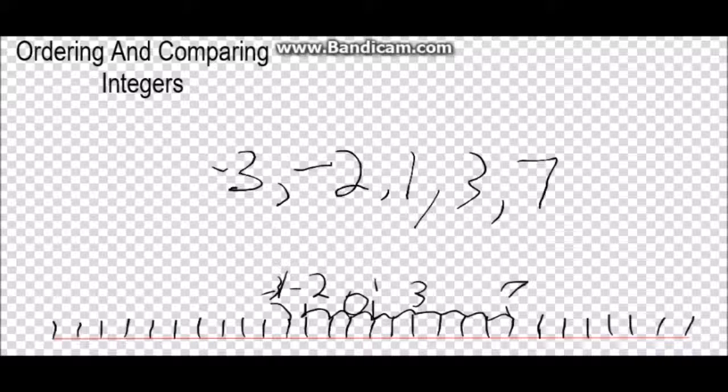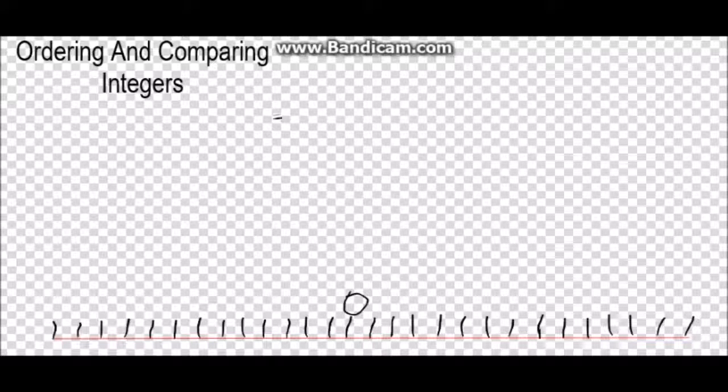So now, as I said before, we can pull out 2 numbers and order them. I guess we can take out 3 and 7. These are both positives, so it's not going to change anything. Now we have 7 and 3. Again, we can put these on the number line. We'll start it over again.